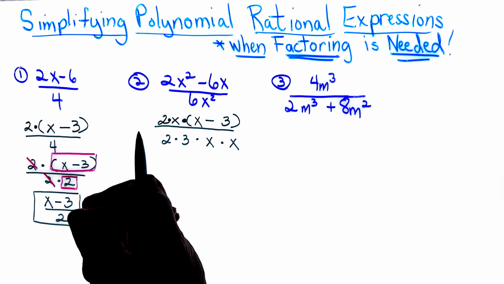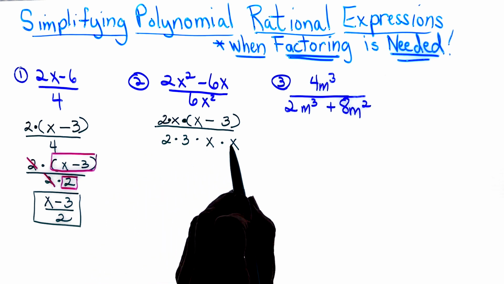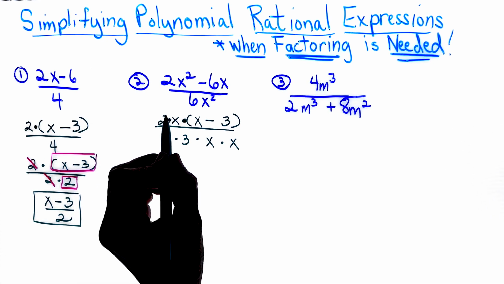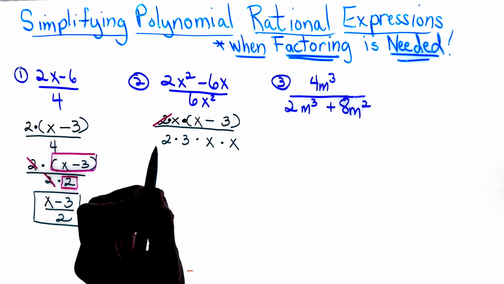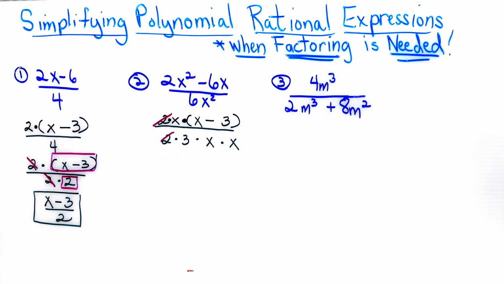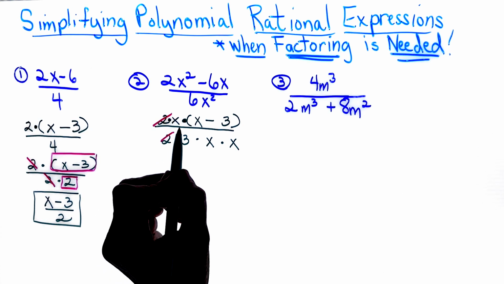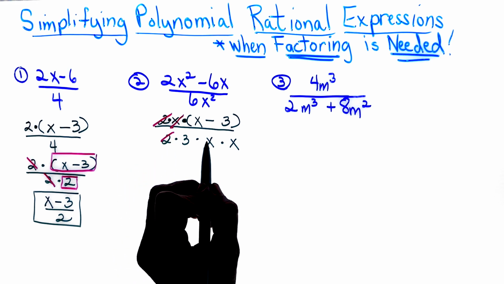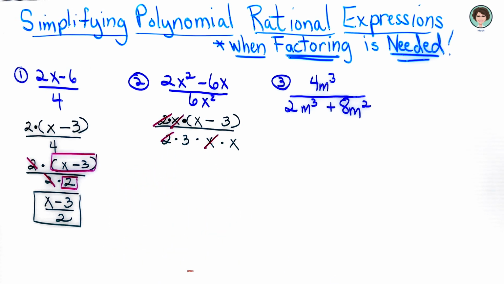So we can only simplify if we have that multiplication symbol there, or it's understood. So when I'm looking at what I'm going to be able to cancel out, the 2 is definitely in the numerator and the denominator. And here I have an x and I have an x down here. So I'm going to be able to cancel out just one of my x's.